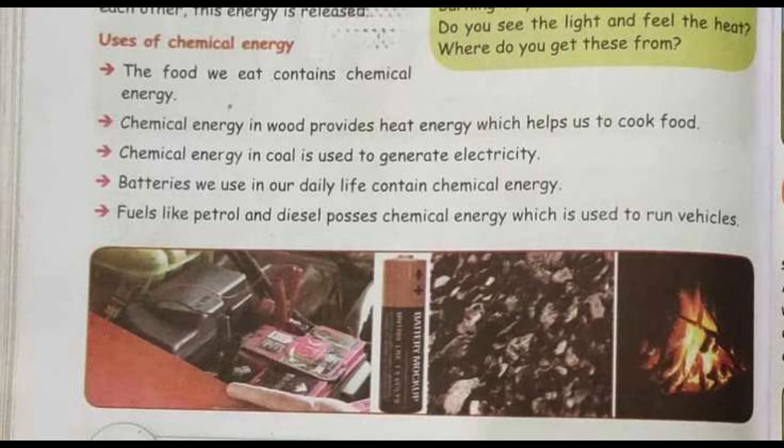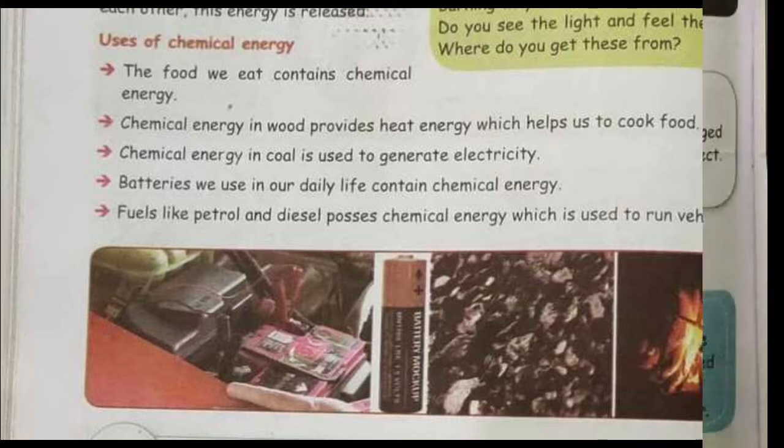Fourth, batteries we use in our daily life contain chemical energy. Fifth, fuels like petrol and diesel possess chemical energy which is used to run our vehicles. Possess means to have chemical energy.